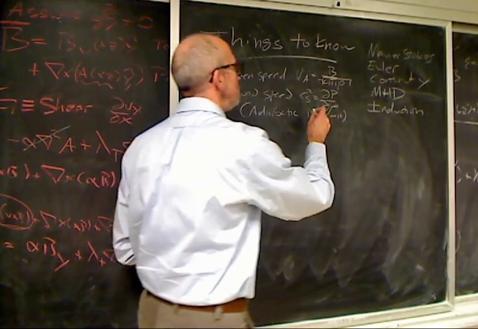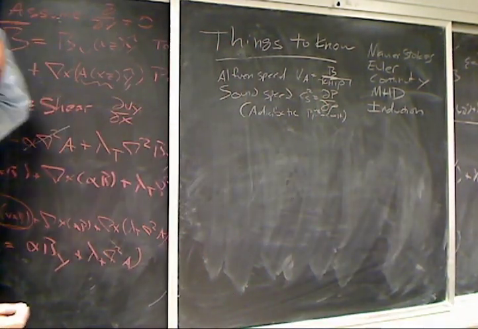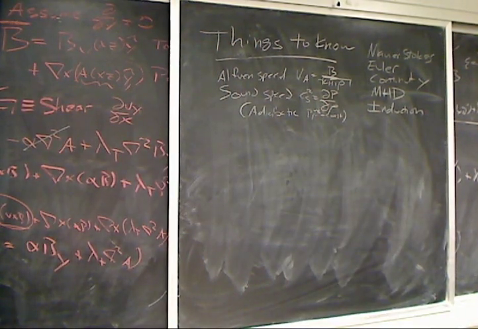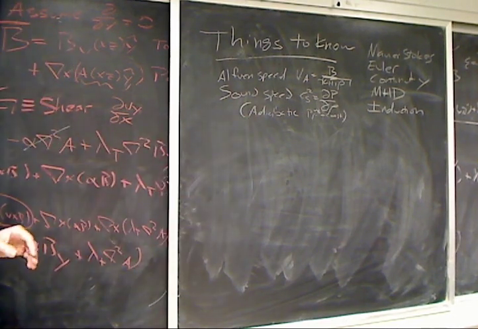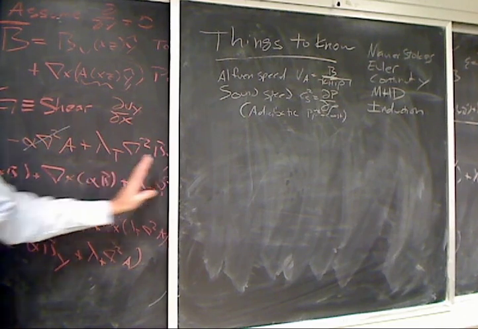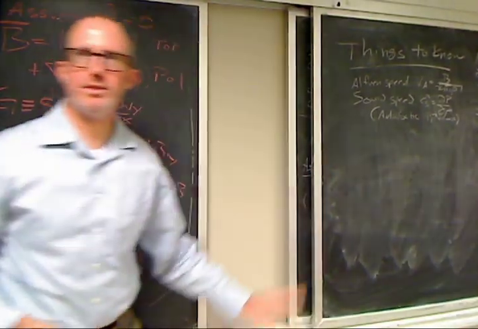No, I'm sorry. P over rho to the gamma is a constant. Squirrel brain. P equals rho to the gamma. Also remember what adiabatic means. Okay. I will fill that out as we go on.